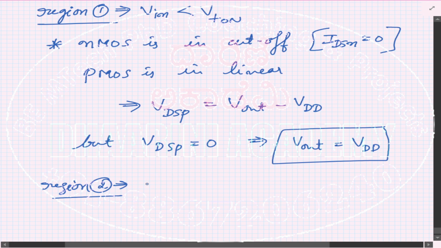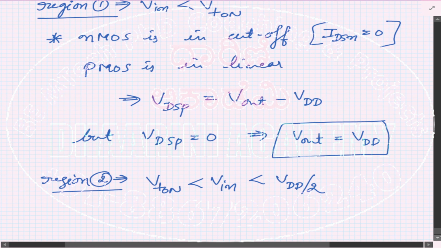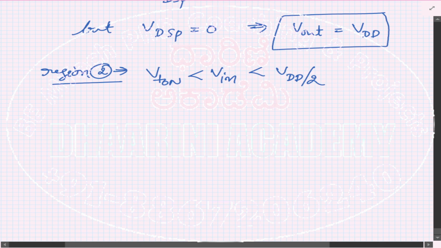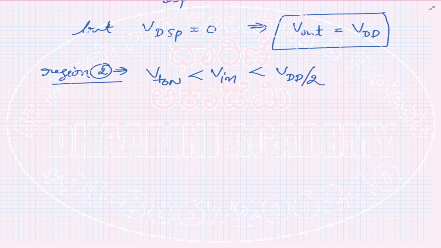From the graph, VT on is less than Vin is less than VDD by 2. This is the condition we marked on our graph to mark region number 2.